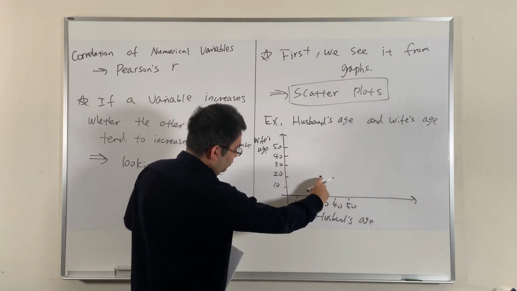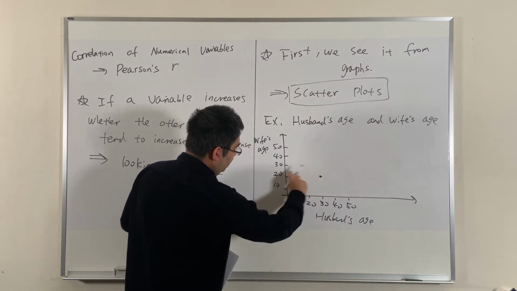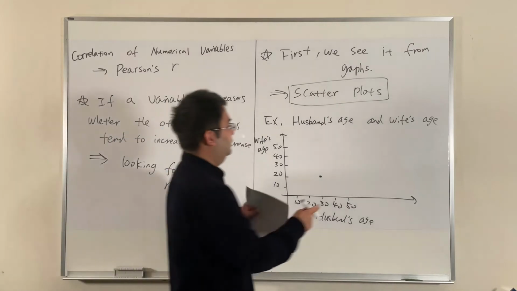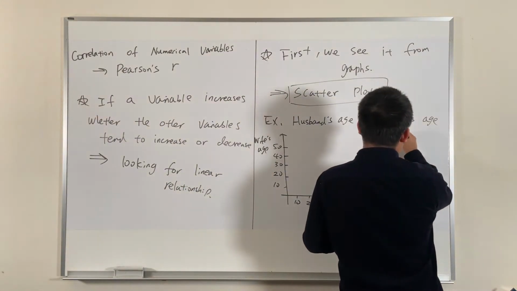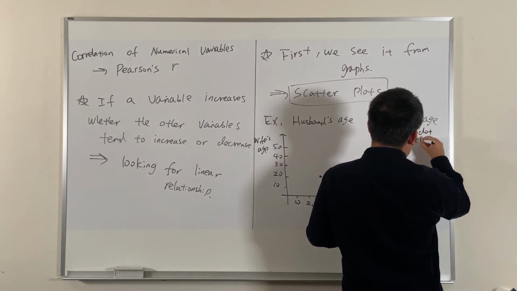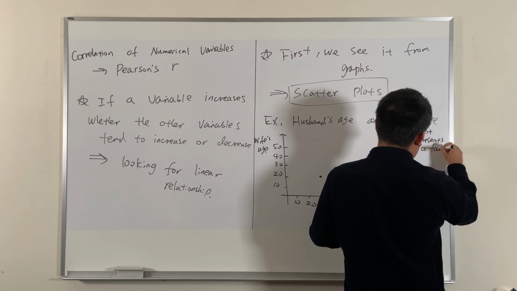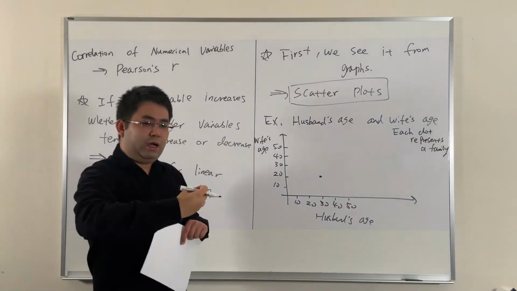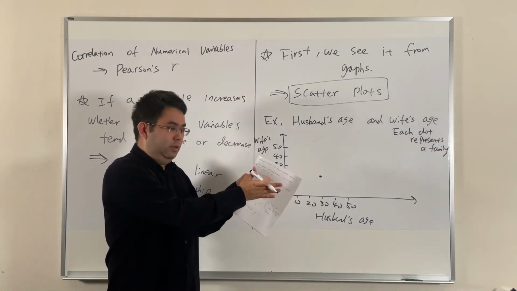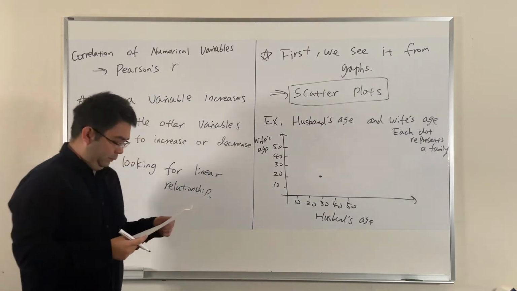So here we're saying that 30 is husband's age and 25 is the wife's age. So each dot represents a family. In other words, each dot contains two values, one from the variable husband, another from the variable wife. Okay, cool. So that's one dot.